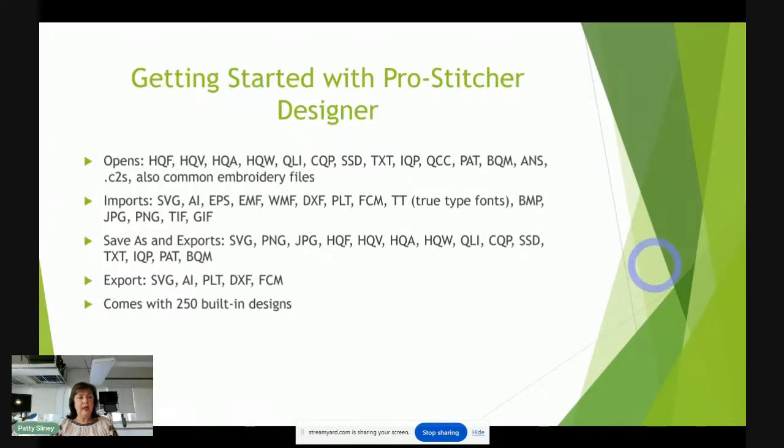You can export to these various file formats here, which are long arm stitch file formats. Also, you can export to these types of image files. It also comes with 250 built-in designs, so that's kind of nice.